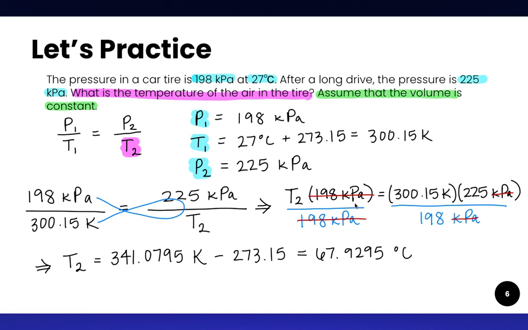And we're going to use only two significant figures for that. So 1, 2, and then this 9. We'll bump the 7 up. So the final answer is T2 equals 68 degrees Celsius.